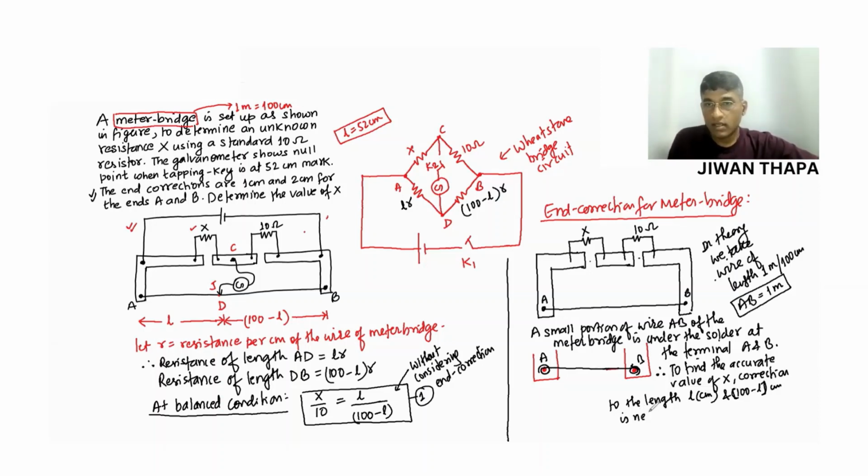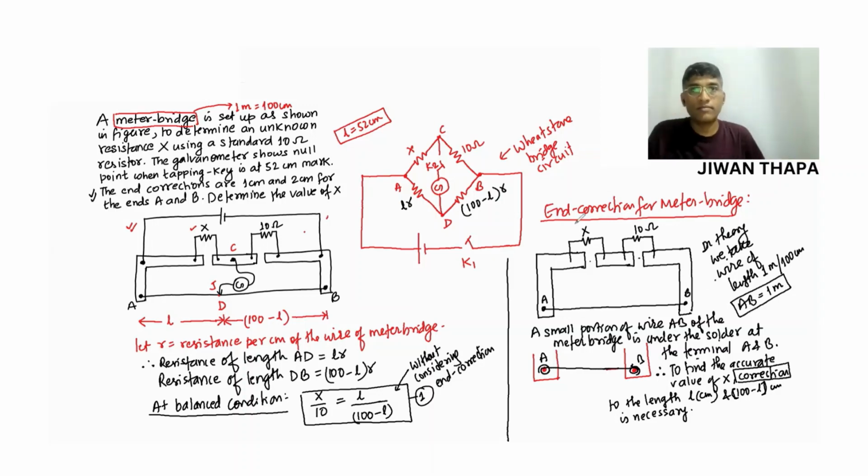The correction must be done to the length L and 100 minus L. And that correction is called end correction for the meter bridge.